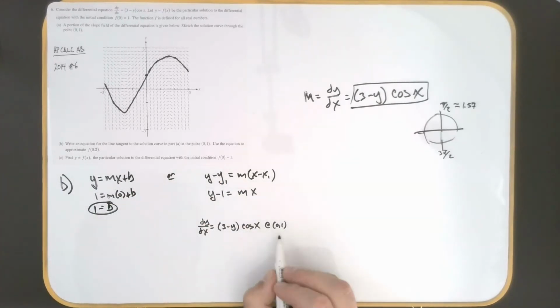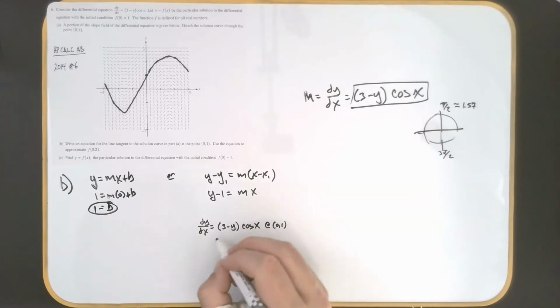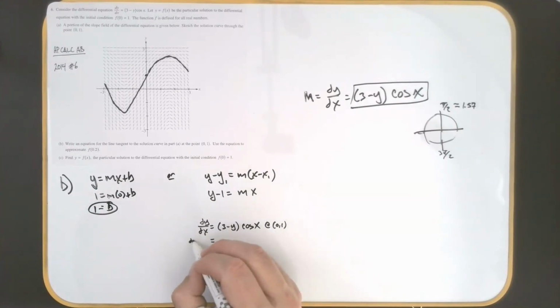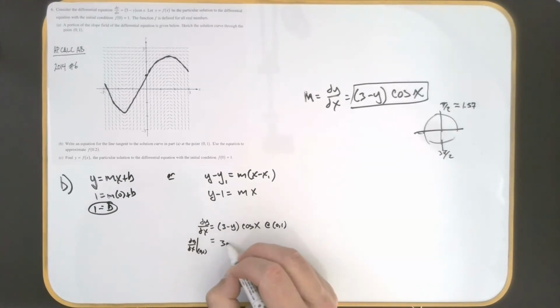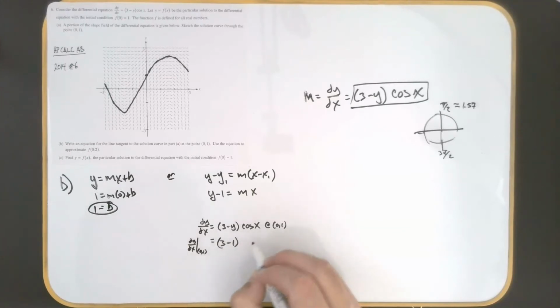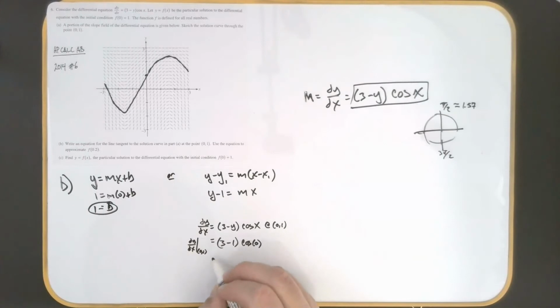So at 0, 1, my y value is 1. Again, I'm going to write this little notation here, 0, 1. That's going to give me 3 minus 1, obviously 2, times the cosine of 0. As we simplify that, cosine of 0 is 1, 2 times 1 is 2, so this is equal to 2. So our slope is equal to 2 at this coordinate.